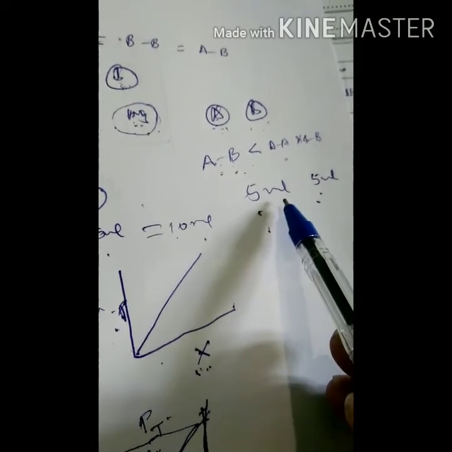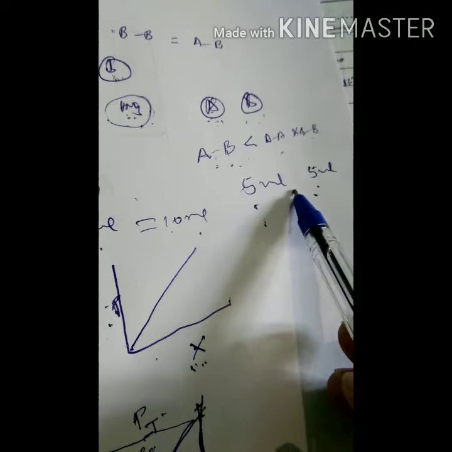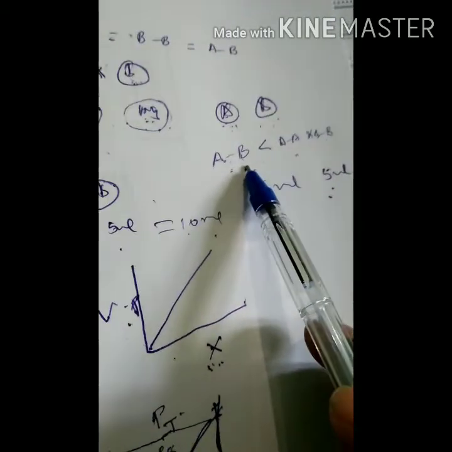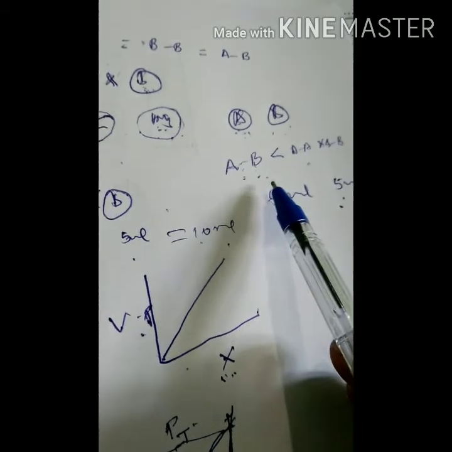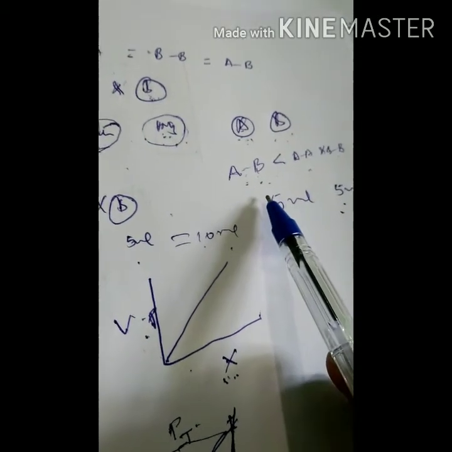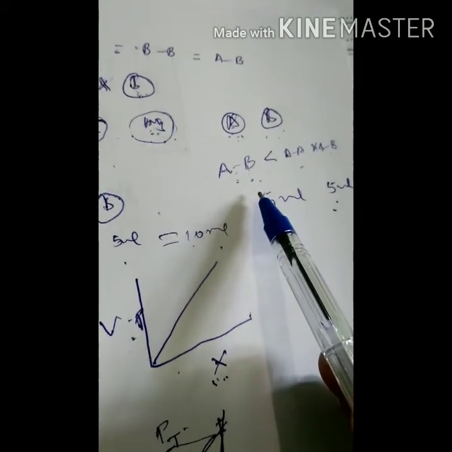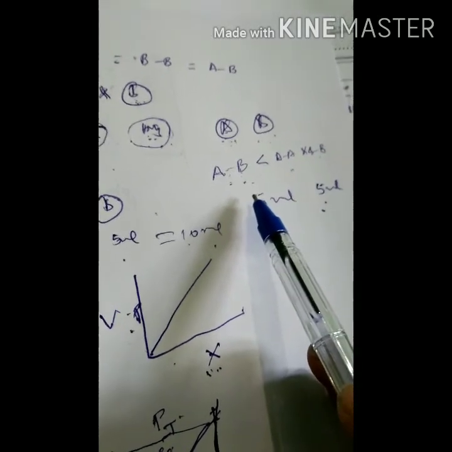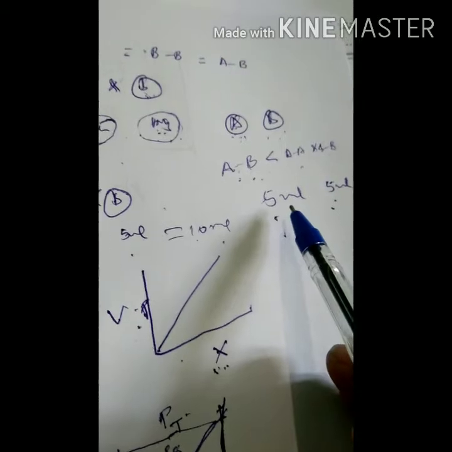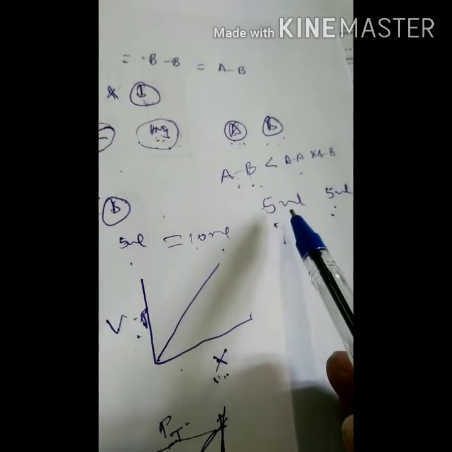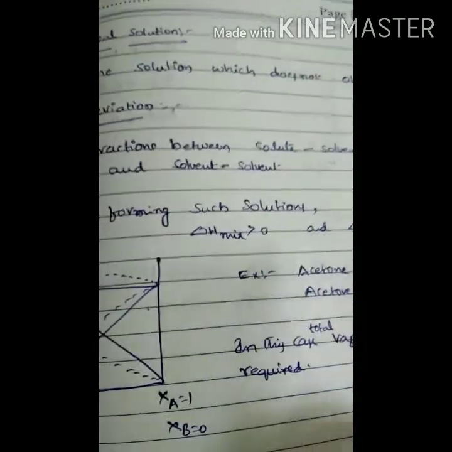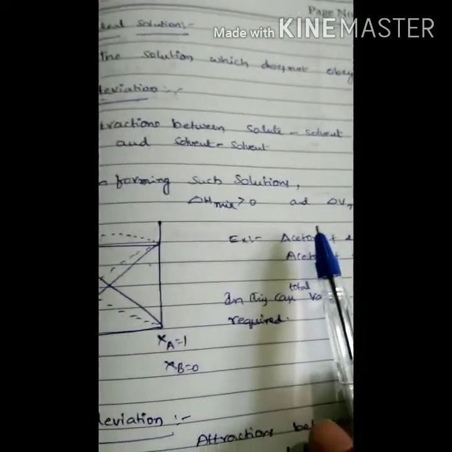But in this case, we get more than 10 ml, because the attractions between solute and solvent are very less. If attractions are very less, the molecules move apart from each other, and the total volume is more than expected. So these are the properties of positive deviation of non-ideal solutions.